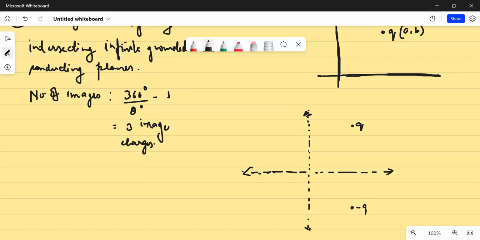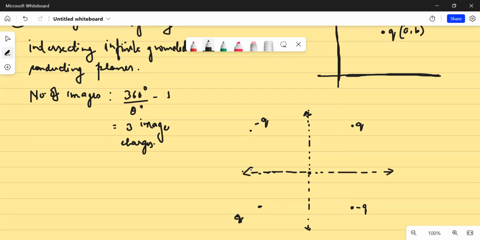In order to make the potential 0, I need a minus Q here. But still, you can see there is a possibility of potential at this origin. So I'll exactly keep a charge plus Q here, so that if at the origin I have an electric field due to this in this direction, I have an electric field in this direction.